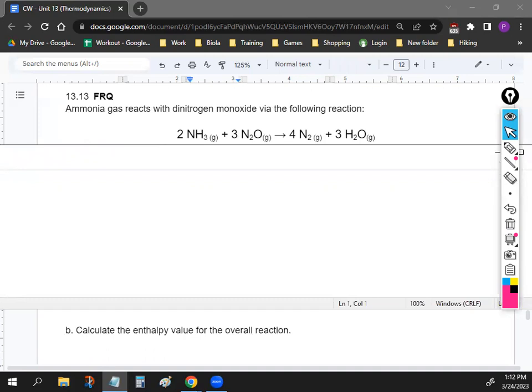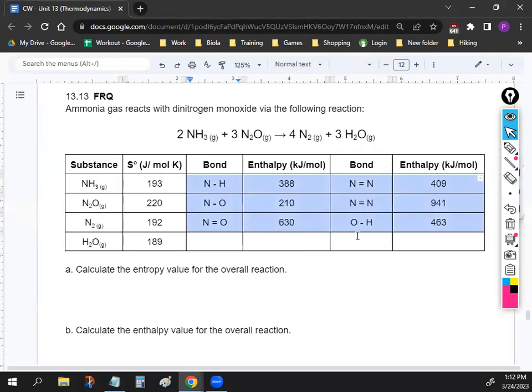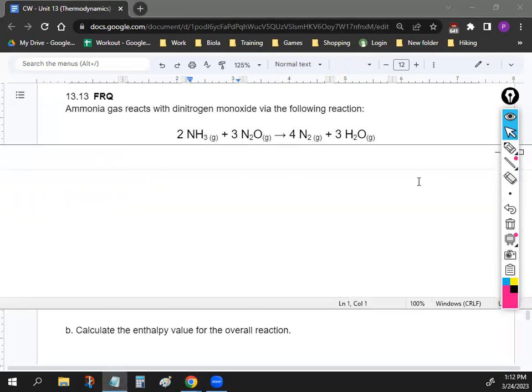The first thing you want to do, let me go through the structures with you just to speed through it. First you're going to want to draw the structure for all of these. So I'm going to do them for you. We have NH3, and NH3 looks like this. If this was actually on your test, you would have to draw all of these, or if you can mentally see it and then do the math, that works too.